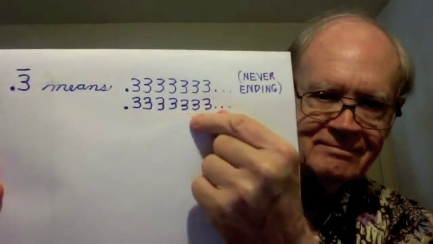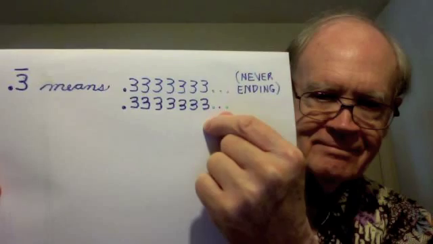Let me ask you something. You see what I wrote here? I can't write them forever, but let's just imagine this much. Is there some number of these which when added together would bring you very, very close to one whole?